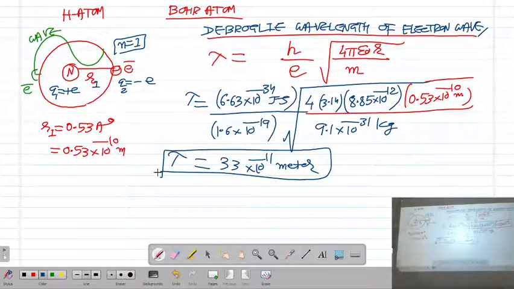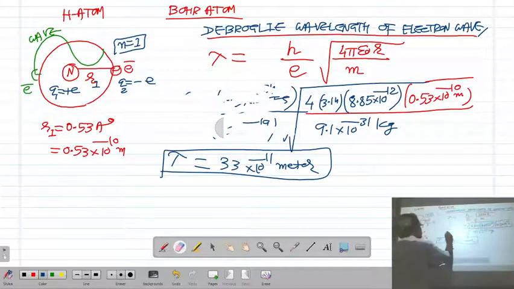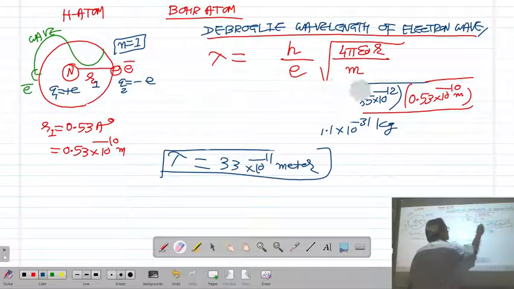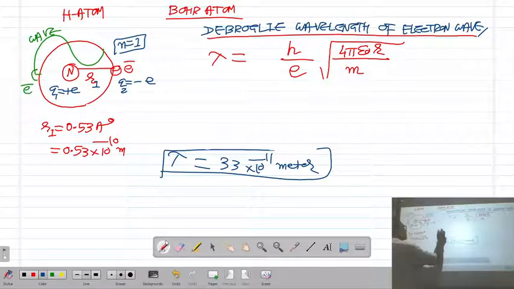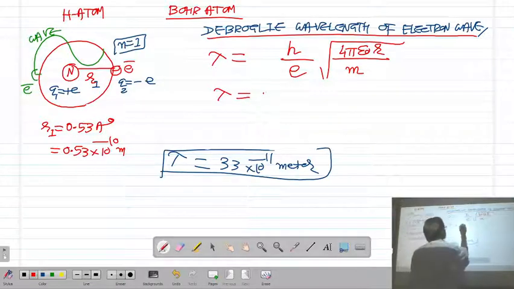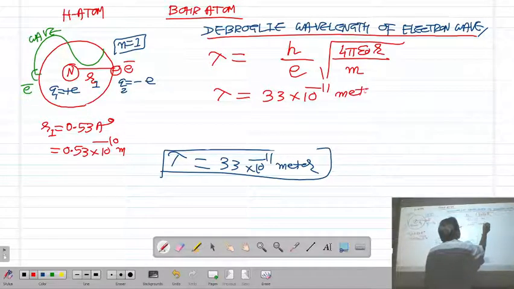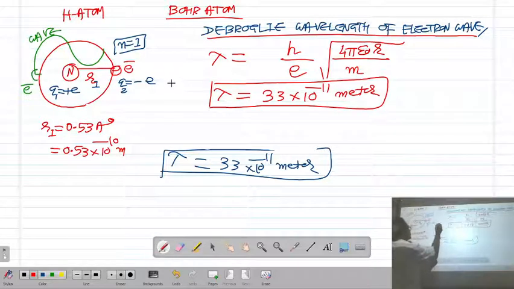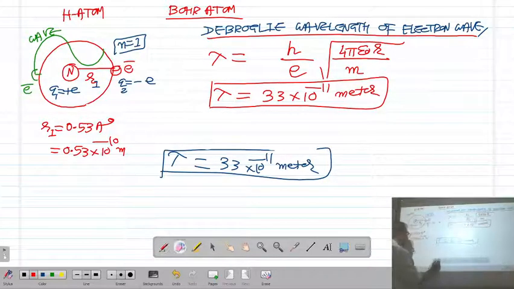Right? So the de Broglie wavelength of the electron wave, we are getting 33 × 10^-11 meter.